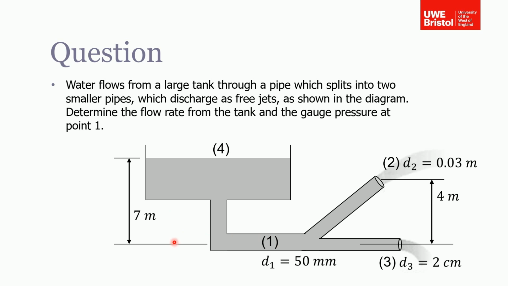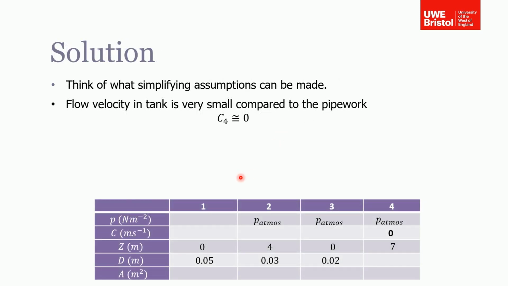And as you can see from the diagram, we're also given a whole bunch of other information. We're told the difference in height between point 1 and point 4, the difference in height between point 3 and point 2, and also the diameters of the pipes. So how are we going to go about doing this?